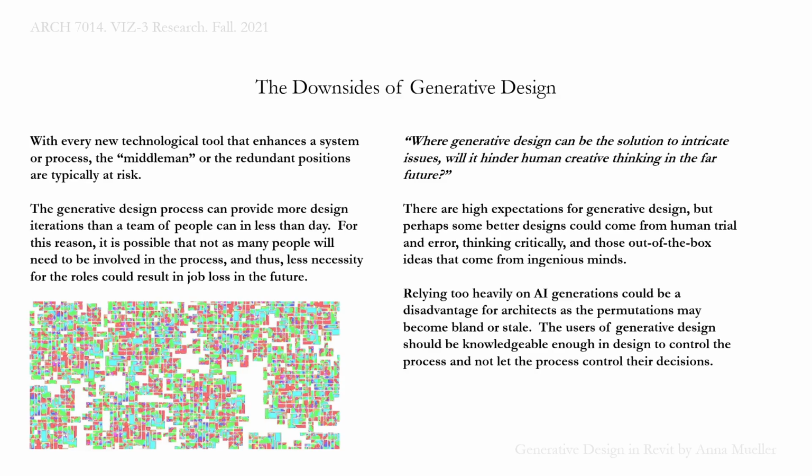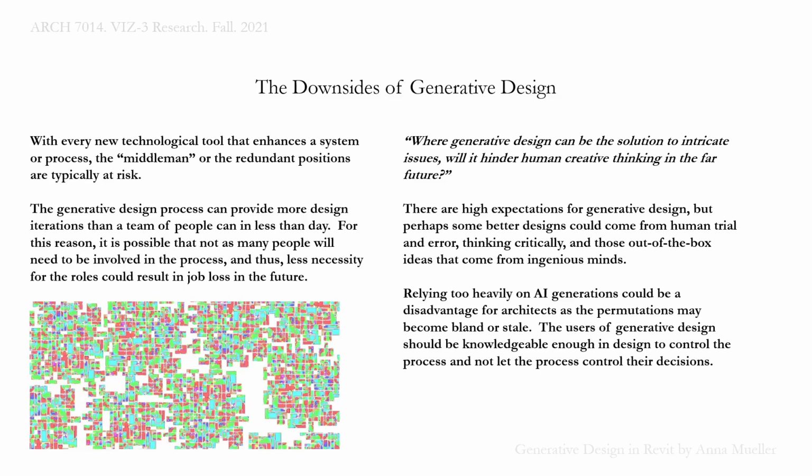Another important thing to note is that with generative design, there are very high expectations for it. People think that once they get all these designs from the AI and they see that it's optimized for all the needs and goals that they set, they may not think of any other options, and that can hinder us possibly in the future.